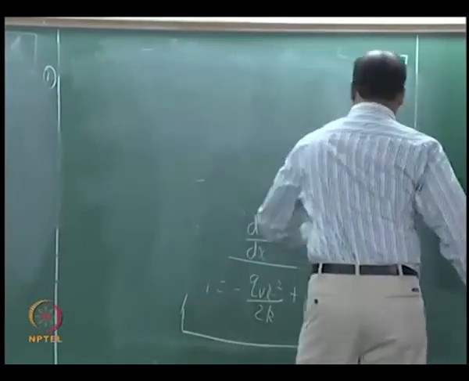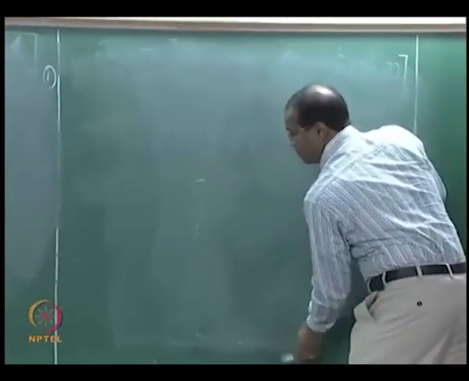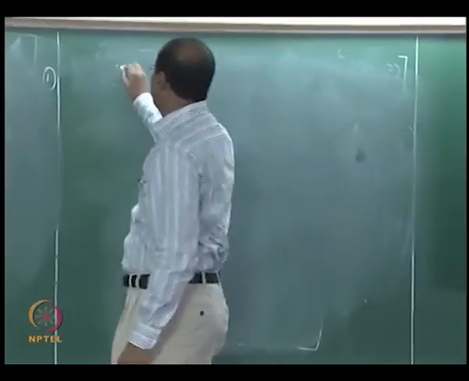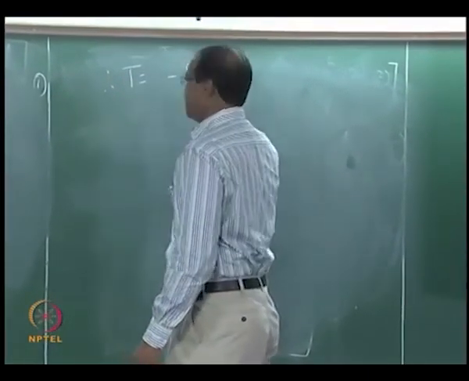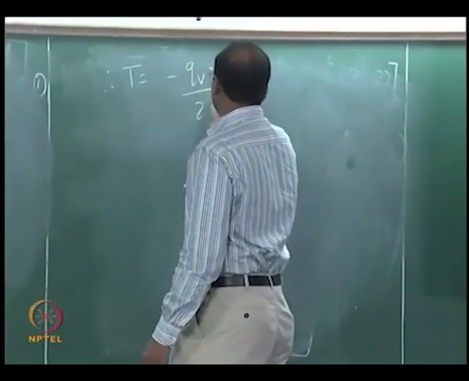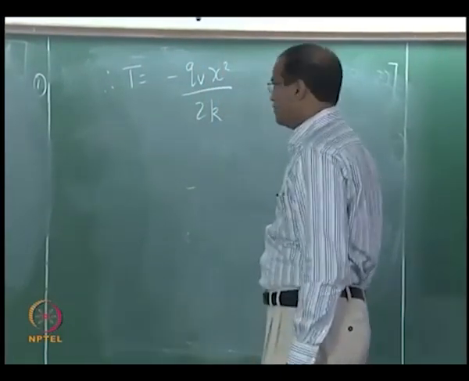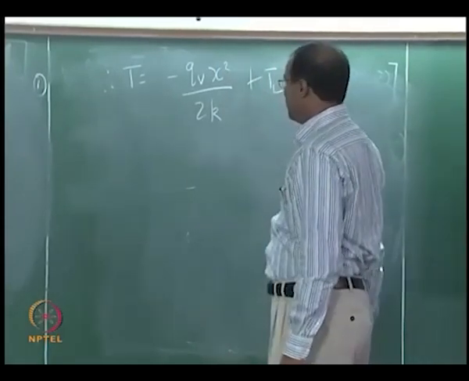Is it okay? Therefore, T is equal to minus QV x squared by 2k plus TL plus QV L squared by 2k.